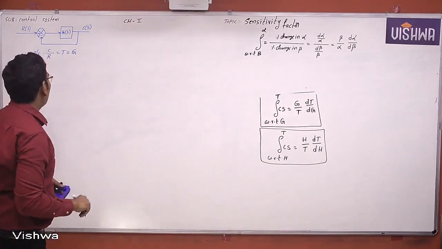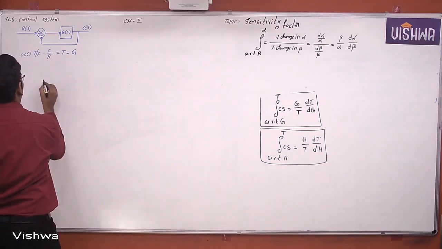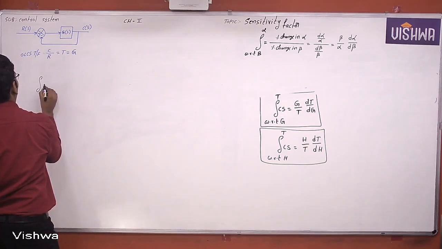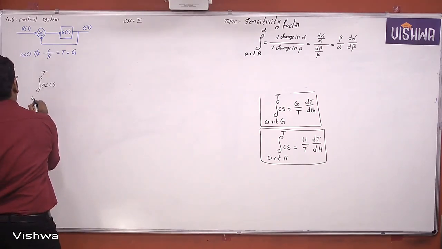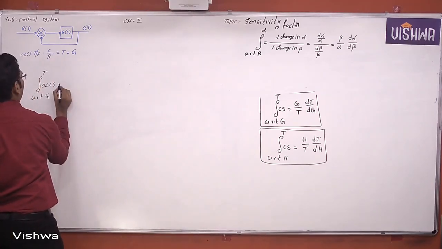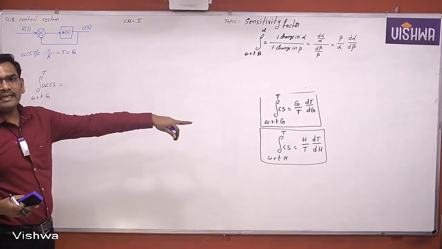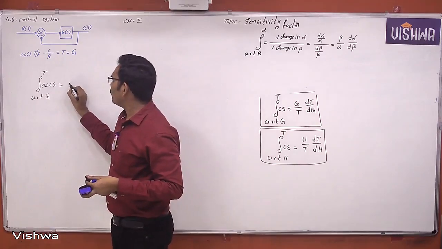Now we will find the sensitivity of the open loop control system transfer function with respect to the forward path gain G, which is G by T. What is G by T? It is G by T or T by G, which is 1.